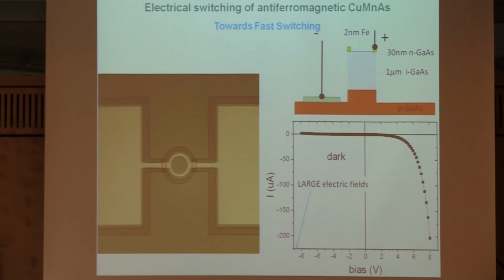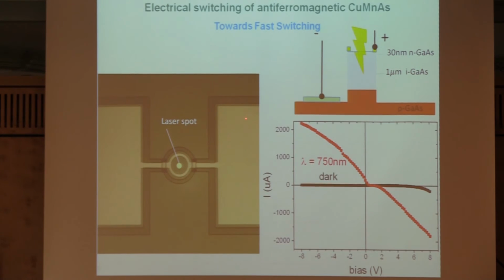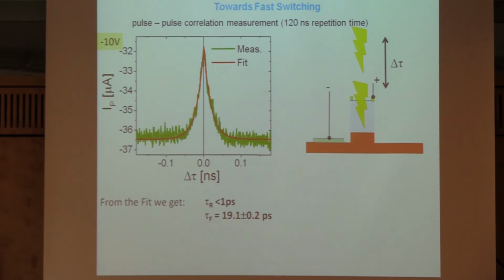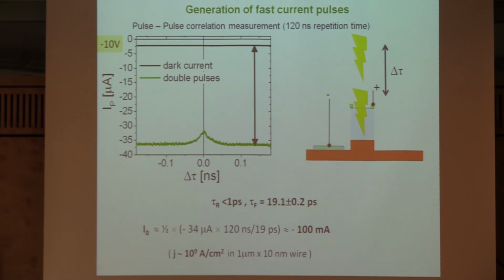Then if you shine light on it, obviously you generate a photocurrent. I will go quite quickly. By doing a pulse correlation measurement, you can identify the current pulse you generate, which has a rise time of smaller than a picosecond, and the fall time is given by the geometry of the system.